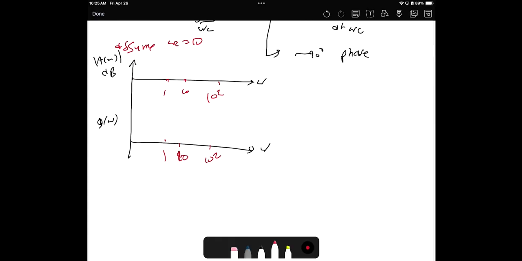So what's happening? It is decaying, which is going down, with intersection at omega c, going down with negative 20 dB per decade. So at 1, it will be 20 dB. At 10 power 2, it will be negative 20. How about the angle? The angle is easy. It will be negative 90 degrees directly.